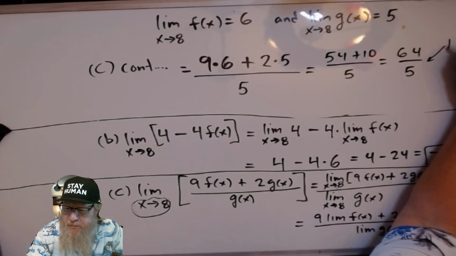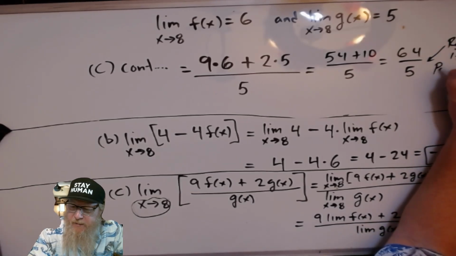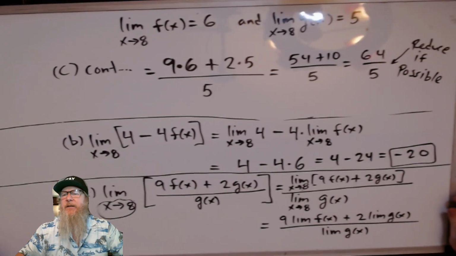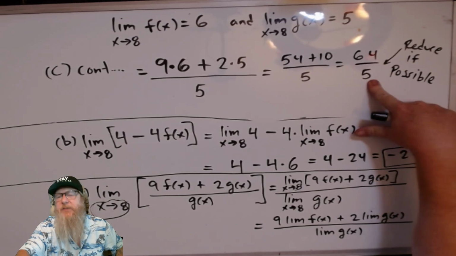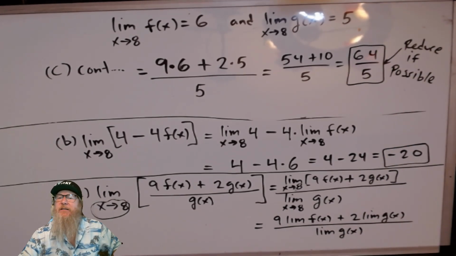I can't reduce this. That's why I paused a minute ago. It doesn't really matter. I just want it to be correct. So we'll reduce that if possible. It's not possible, so 64 fifths is the answer.